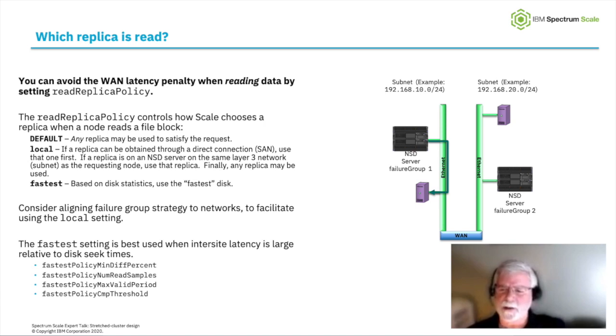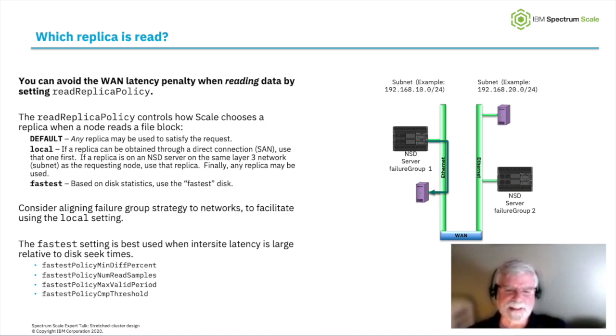So NSD clients will track how responsive disks are, and mostly will use the more responsive disks for reading. They have to periodically sample everything. So, that's why you won't always use the most responsive disk.